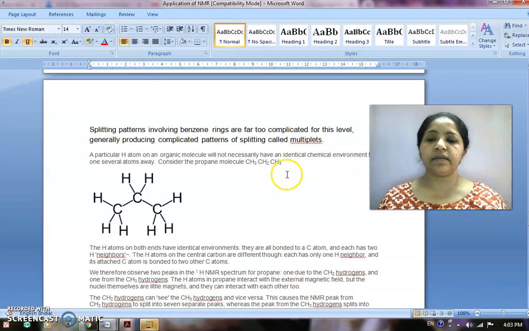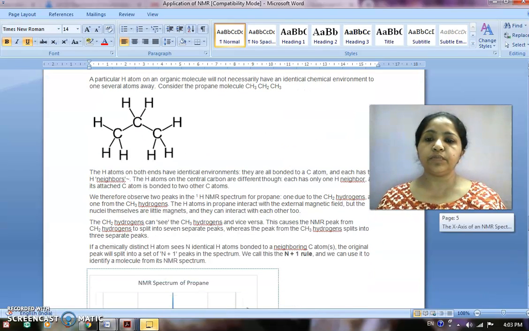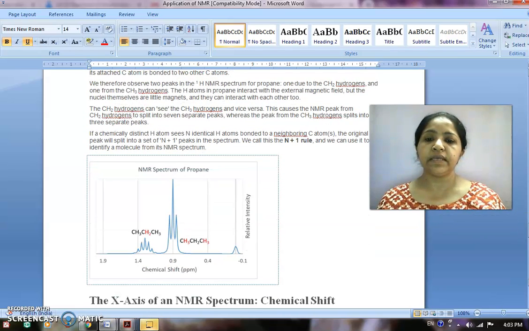This is another example, that is propane. Now this propane, what do we see in this? Here you see this is a triplet, and this is what? This is a heptet, you can say. 1, 2, 3, 4, 5, 6, 7, heptet.